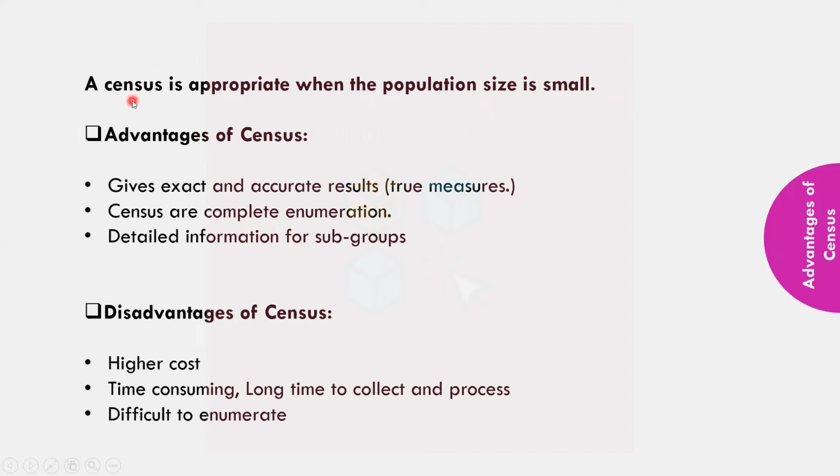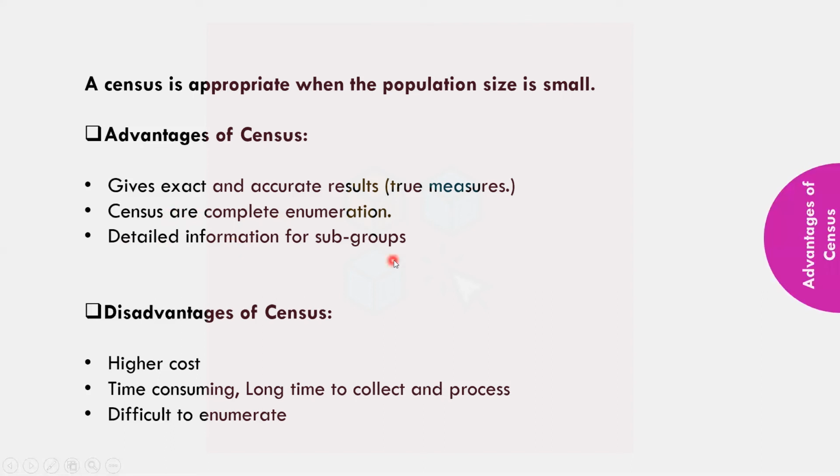A census gives exact and accurate results, because all the elements are involved, so it gives the actual, true measures. Census is a complete enumeration, involving each and every sampling unit.